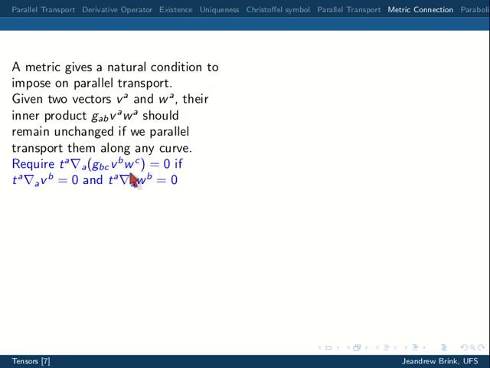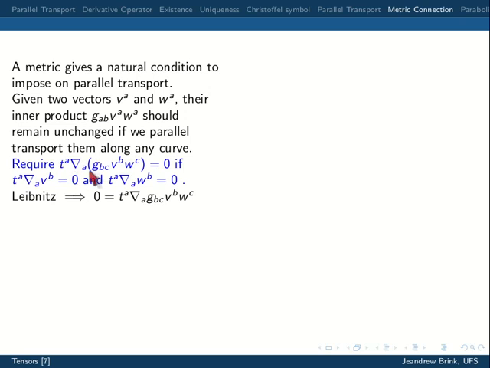If we apply Leibniz's rule to this condition, we get the gradient operator applied to g_bc, dotted in with V^b and W^c, plus g_bc times the parallel transport operator applied to V^b, but we're assuming that's 0.